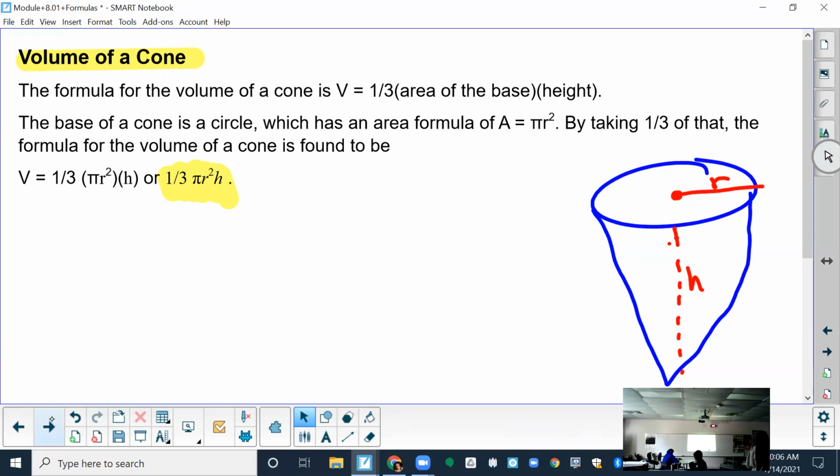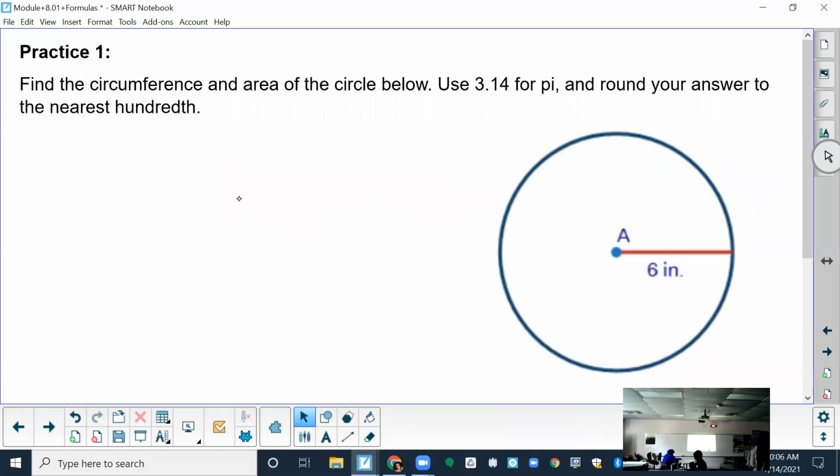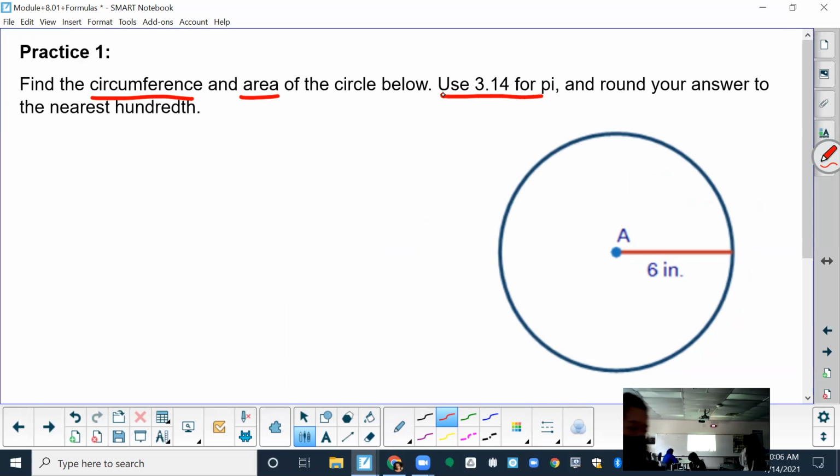Okay, so next one. Now let's practice. First, figure out what they're asking for. So we have find the circumference and area of the circle below. It gives you instructions for pi. It says use 3.14 for pi and round your answer to the nearest hundredth.